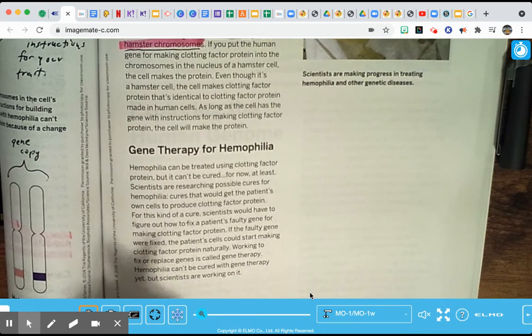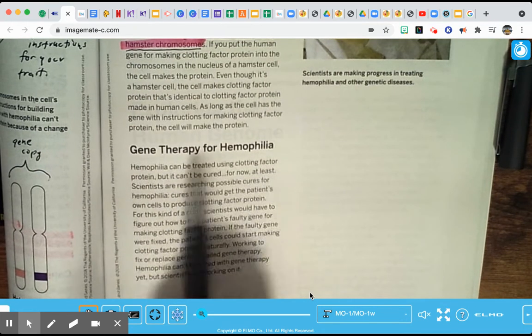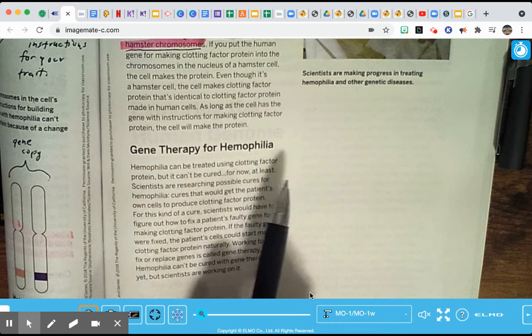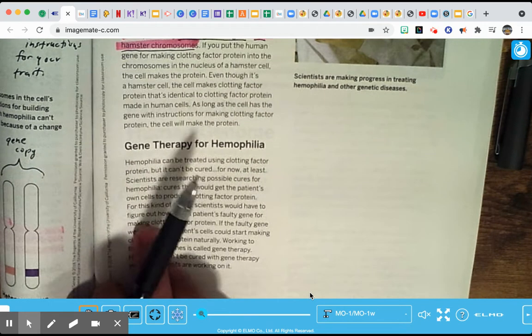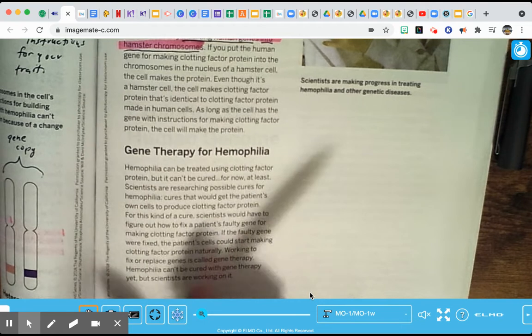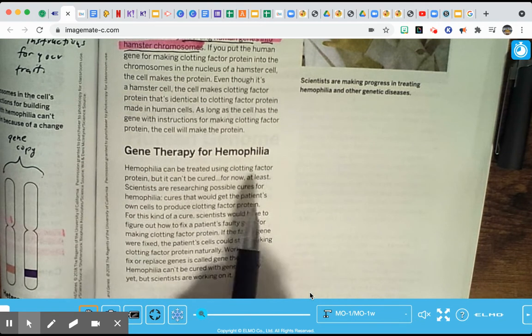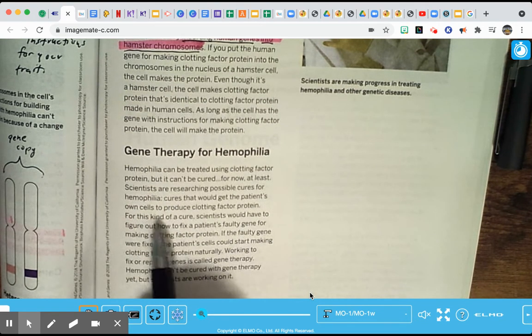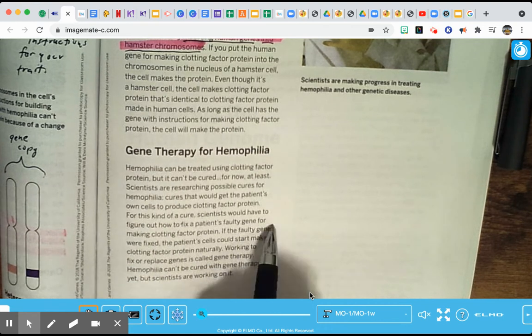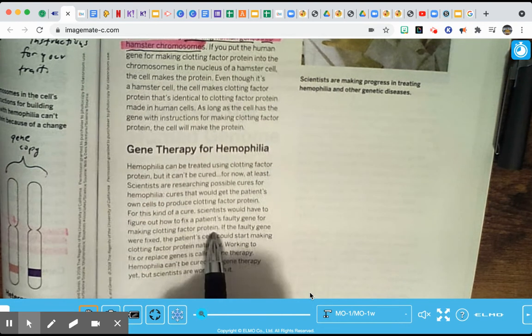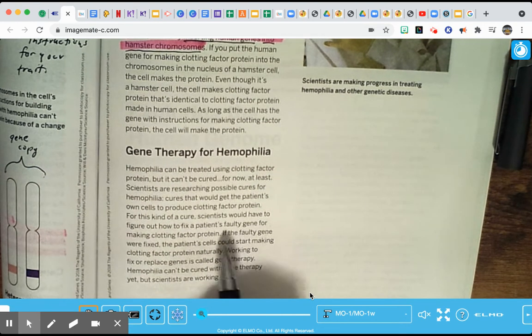Gene therapy. Hemophilia can be treated by using clotting factor protein, but it can't be cured, for now at least. Scientists are researching possible cures for hemophilia, cures that would get the patient's own cells to produce clotting factor protein. For this kind of a cure, scientists would have to figure out how to fix a patient's faulty gene for making clotting factor protein. If the faulty gene were fixed, the patient's cells could start making clotting factor protein naturally.